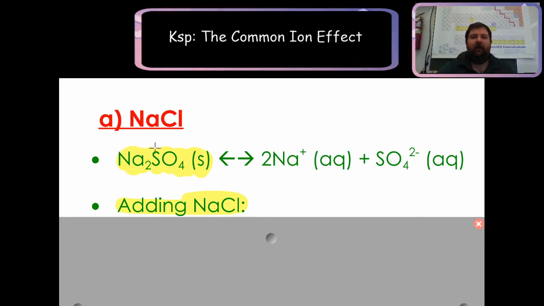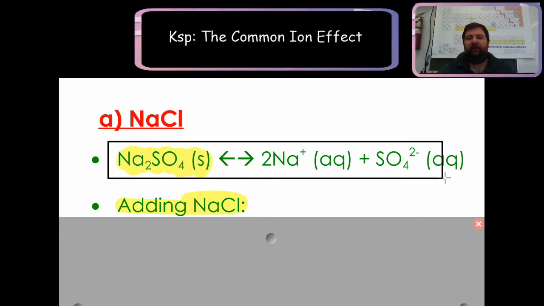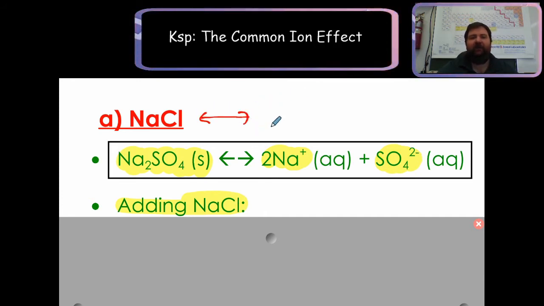We have sodium sulfate dissociating into sodium ions and sulfate ions. If we add in NaCl, what's going to happen? Well, let's see what NaCl dissociates into. It dissociates into 1 Na plus and 1 Cl minus.